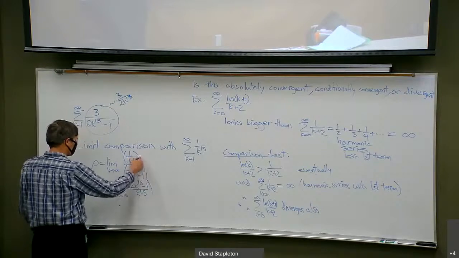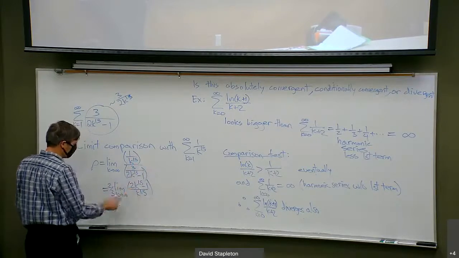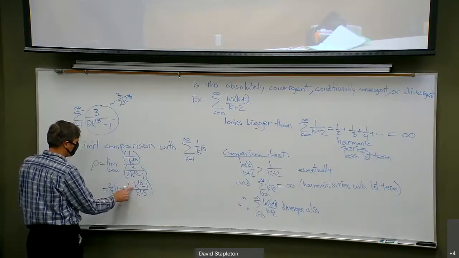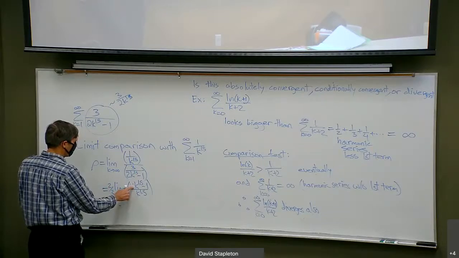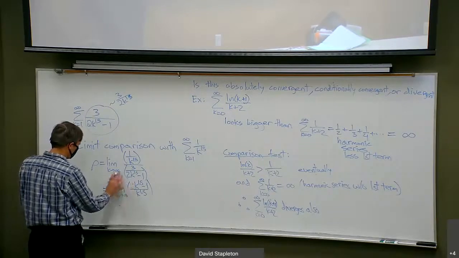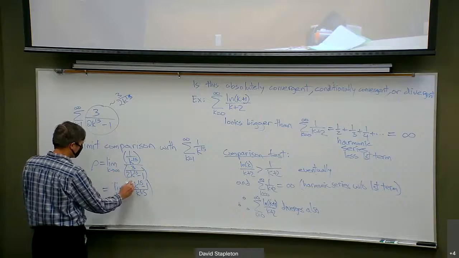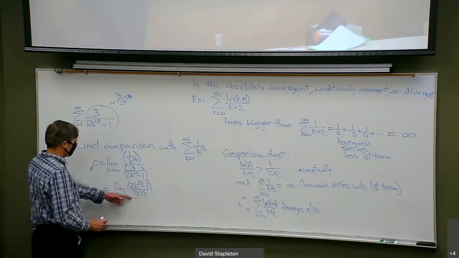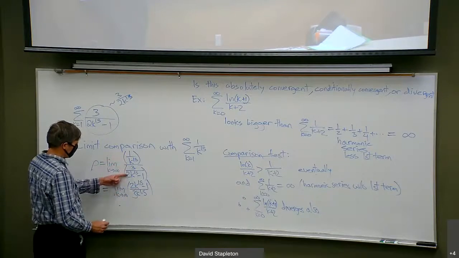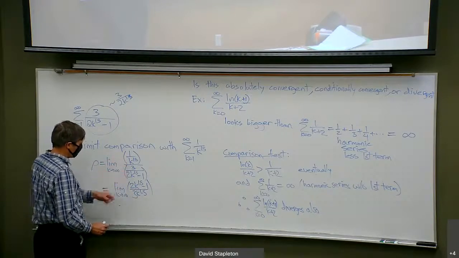Top times bottom over middle times middle, pull the 2/3 down. Oh, maybe I better not do this. Sorry, we'll just write it like that. There we go. So top times bottom over middle times middle. Let's write it like that.